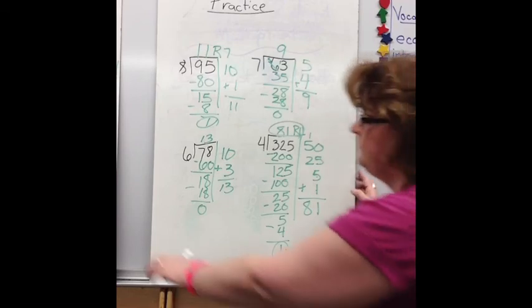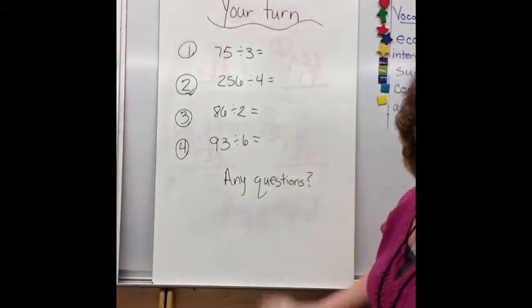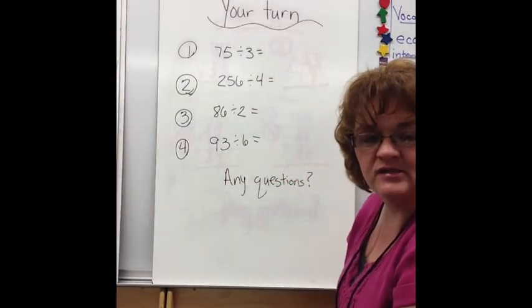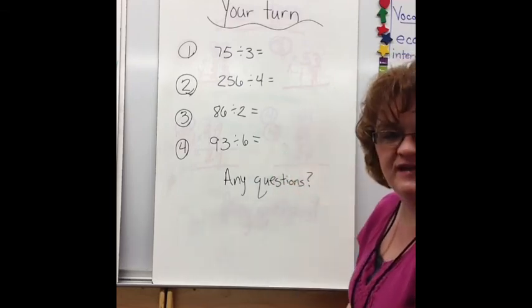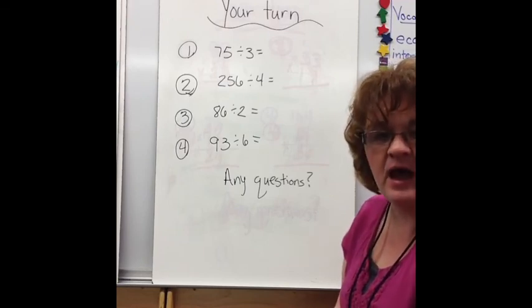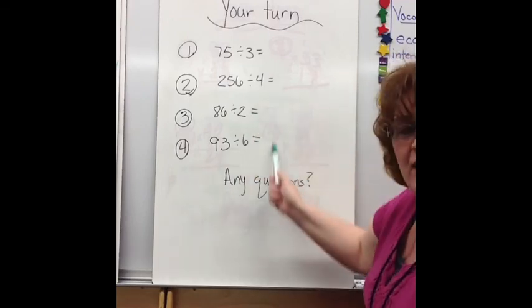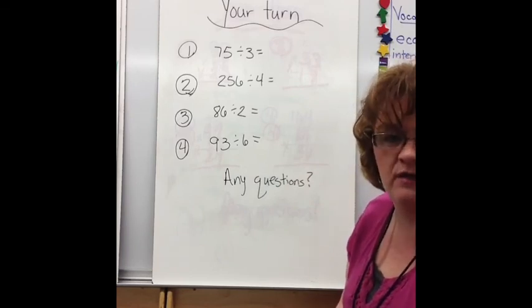Okay? Let's go ahead and go to the next board. This will be your opportunity to practice. So please go ahead in your practice section. Write these problems down. Now, as you can see, I've written them in the way that you're used to seeing them. I want you to go ahead and write these down just like this and then rewrite them when you go to solve them.